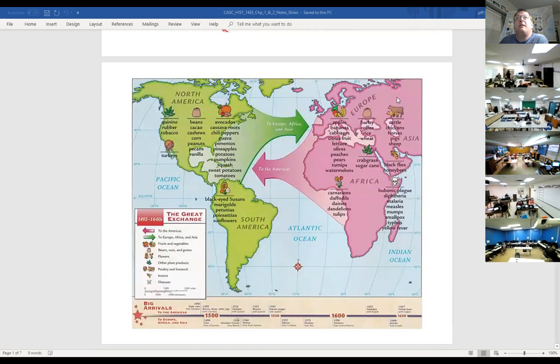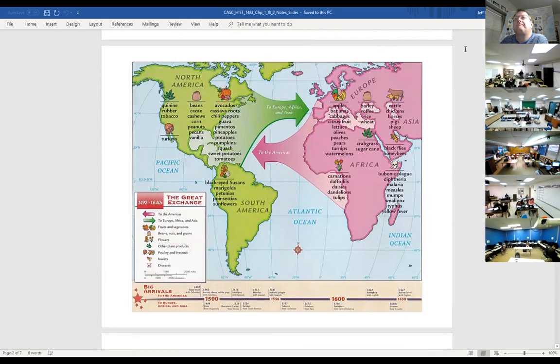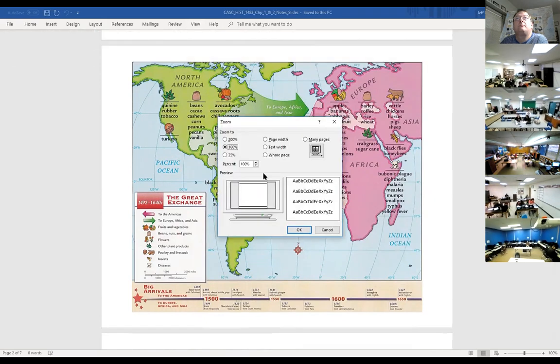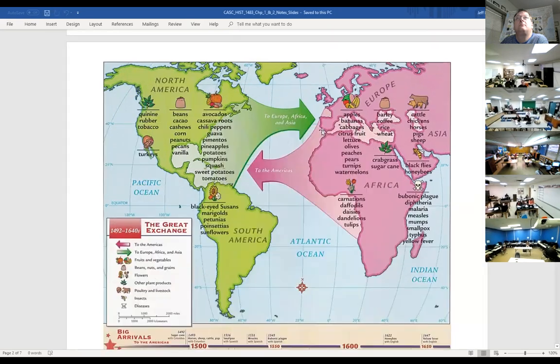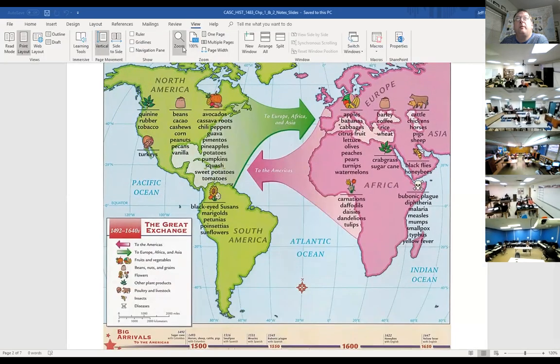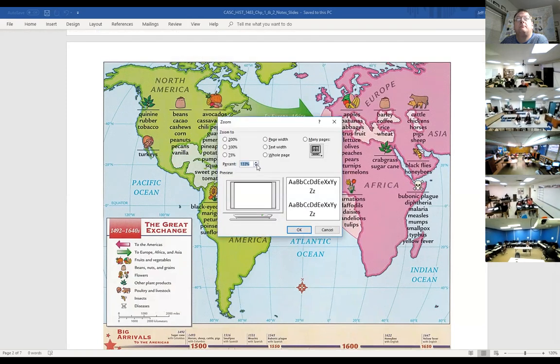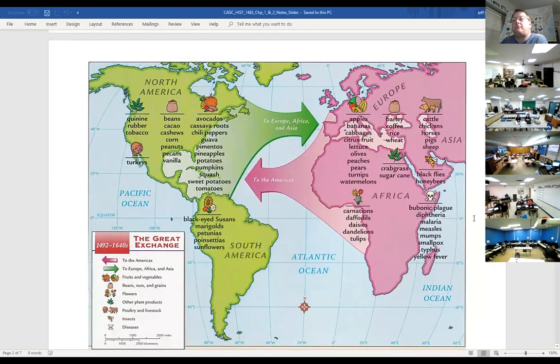All right, here is the Columbian Exchange. Let me zoom it in a little bit more for you. Sometimes it is also called the Great Exchange.